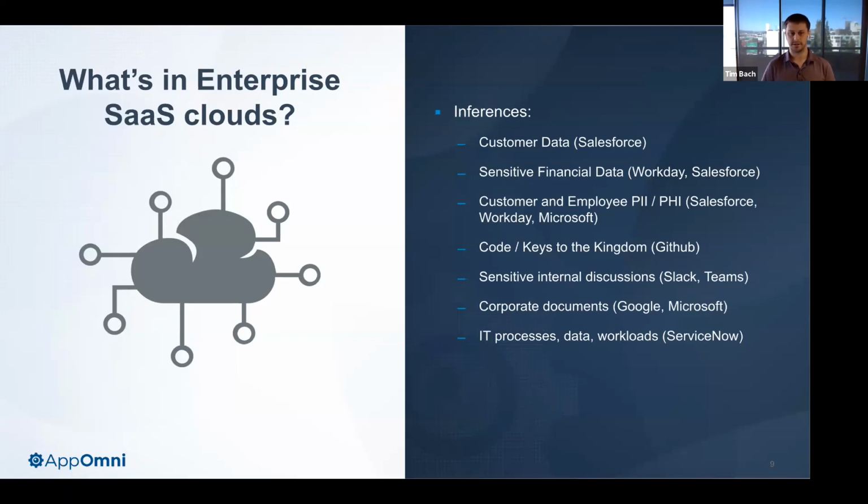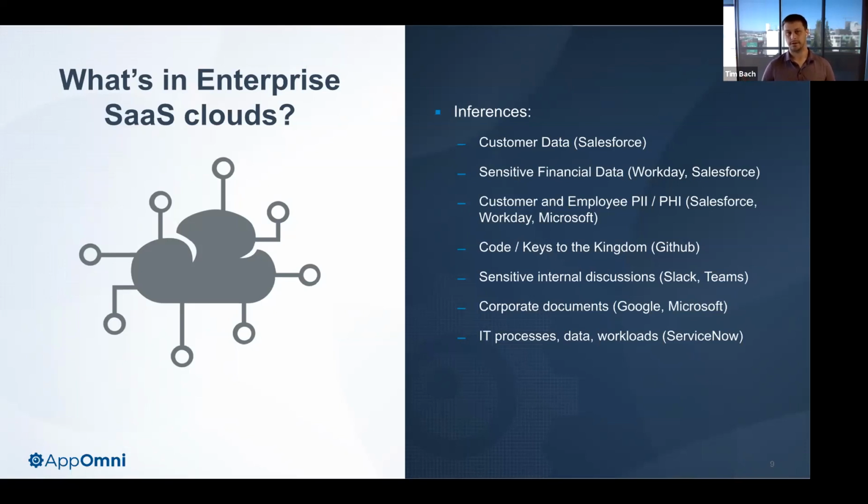We've got corporate documents, with Google and Microsoft suites providing all of your document collaboration, including most likely legal documents and hiring documents. I've talked to multiple security engineers who found folders on shared drives containing all of the offer letters for a given department on Google Docs before, right?